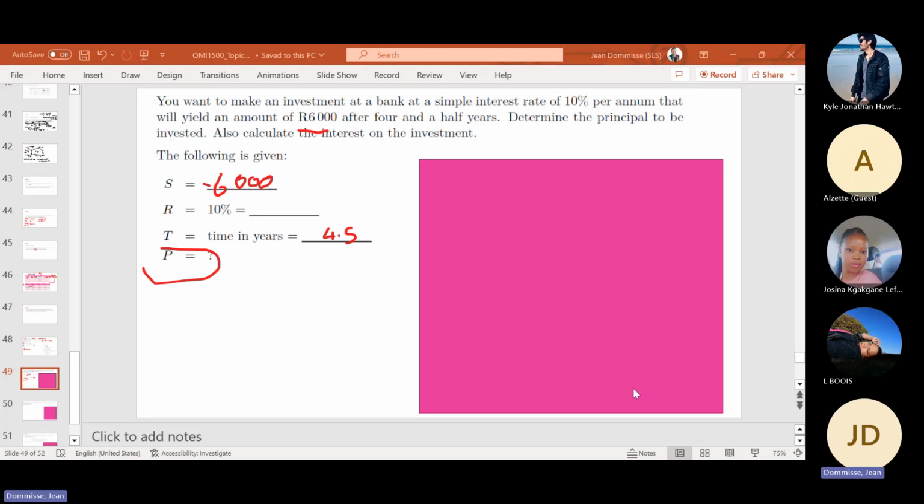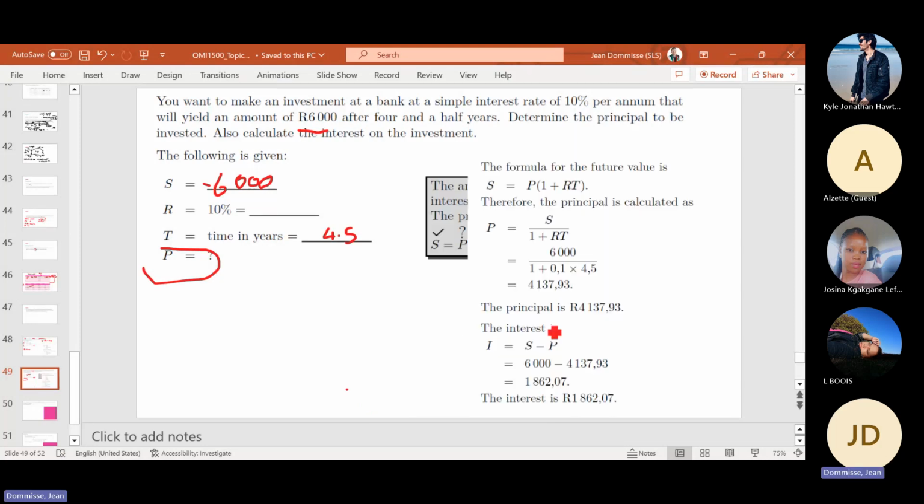Don't worry. So let's see if Carl was right. Okay, so on the first part, yes, perfect, 4137. So Carl, you got that right. And then if you need to work out what the interest was, it's a very simple calculation.